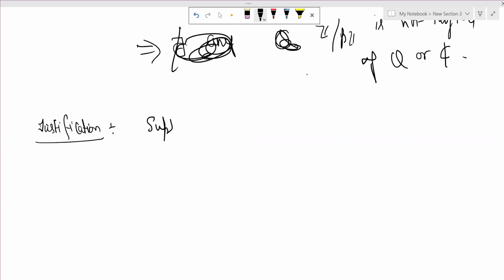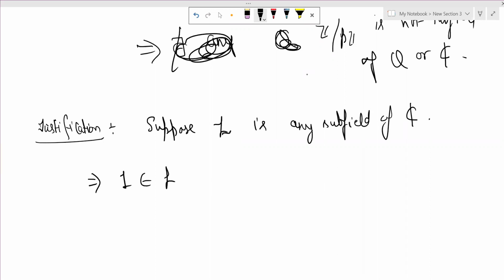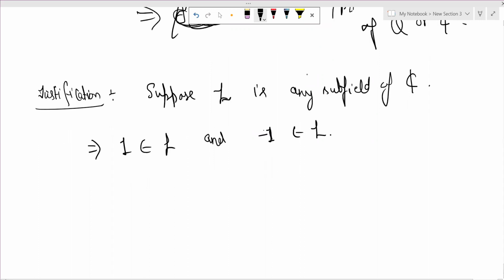Suppose L is any subfield of C. If L is any subfield, this implies 1 must belong to L, right? Agreed or not? Yes, sir. And minus 1, the additive inverse, also belongs there. So if 1 is there, then 1 plus 1 plus 1, n times, is also in L, right?